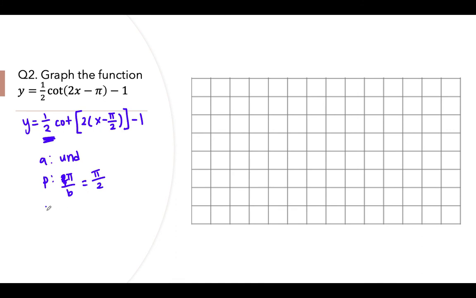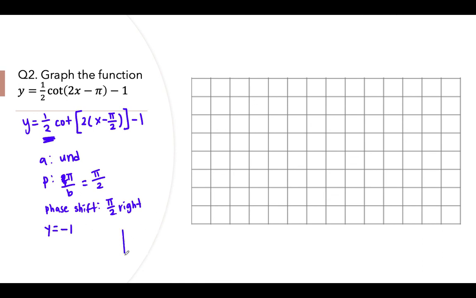And then there is a phase shift. So phase shift, it looks like from a factor form, it's going to be pi over 2 to the right, okay, positive. And then the equation of axis is y is equal to -1.